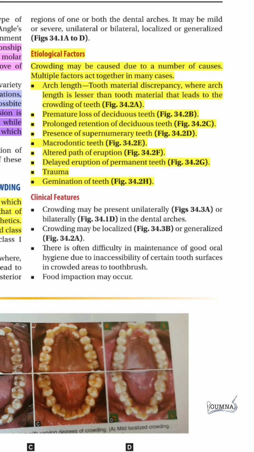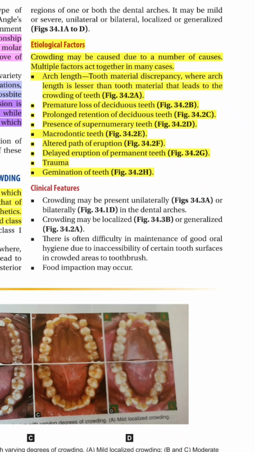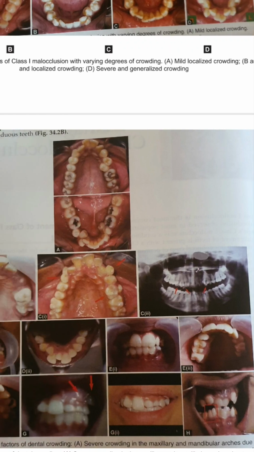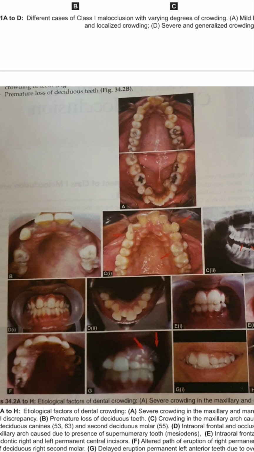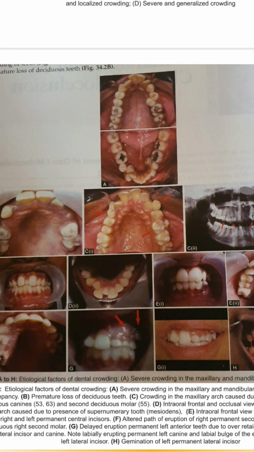It can be caused by arch length tooth material discrepancy or premature loss of the deciduous teeth, prolonged retention of the deciduous teeth, presence of supernumerary teeth, macrodontic teeth, delayed eruption of permanent teeth, trauma, and gemination of the teeth. Here we see the discrepancy.